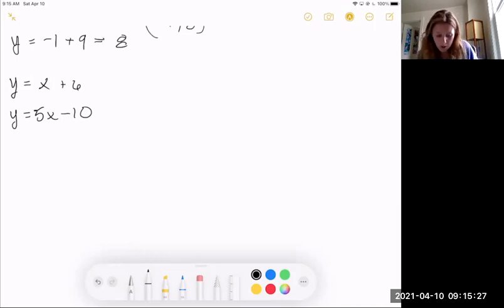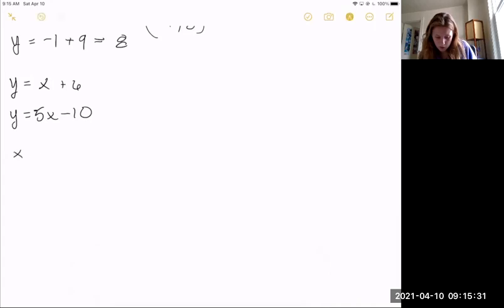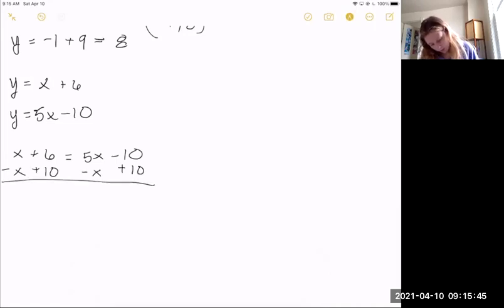So same thing, both are equal to y, so we can set them equal to each other. So I'm going to start x plus 6 equals 5x minus 10. I'm going to subtract x from this side, subtract x from this side, and I'm going to add 10 to both sides. So we're going to get 16 equals 5 minus 1 is 4x.